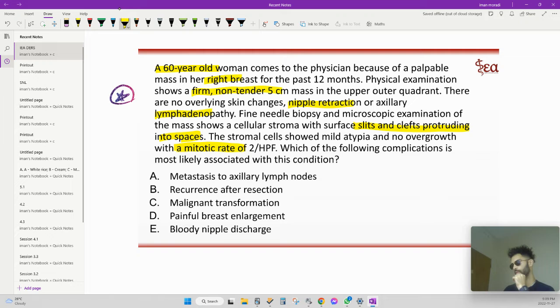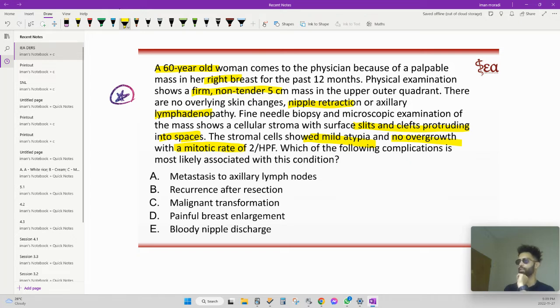Okay, it's a weird description of what it looks like. Mild atypia is seen on biopsy and no overgrowth, which are following complications most likely associated with this condition.